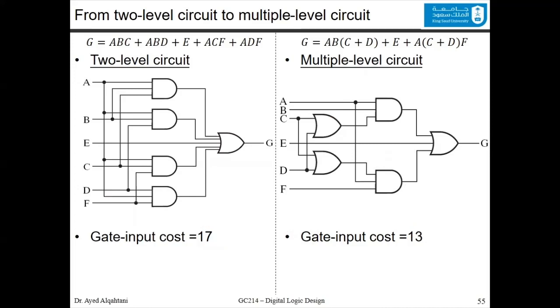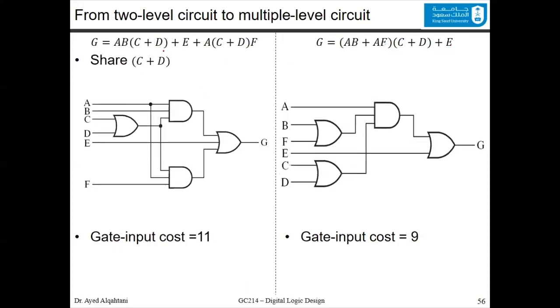You can also apply more Boolean algebraic laws to reduce this cost even further. So you can see here that you are generating C or D in both of them. So what happens is we will share this C or D. So we will get C or D first and then share it between the two ANDs.